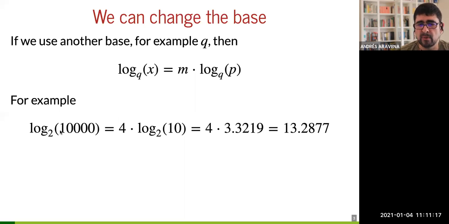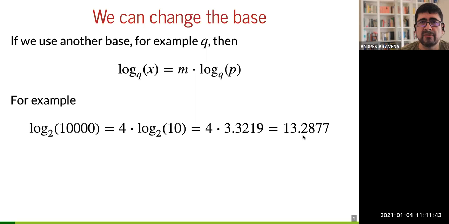For example, if you want the same logarithm that we had before, but in base 2, it will be 4, which is the logarithm of 10,000 in base 10, times this correction factor, the logarithm of 2 in base 10, that is 3.3, and you do the multiplication. If you want to convince yourself, you can calculate this and this.